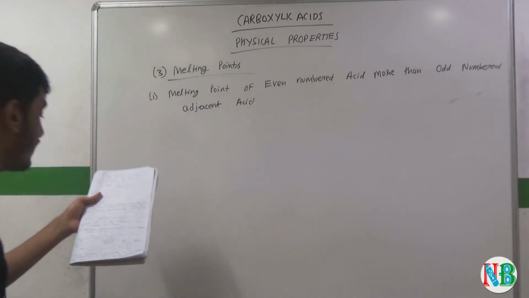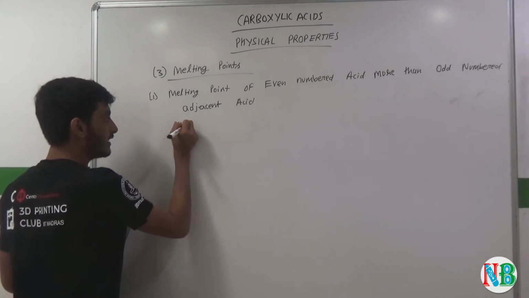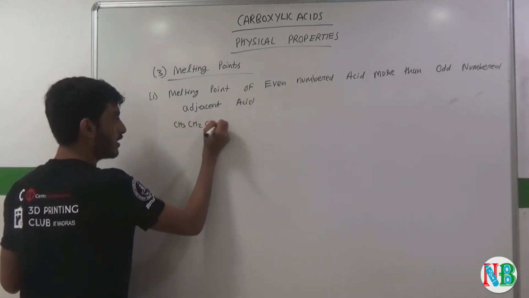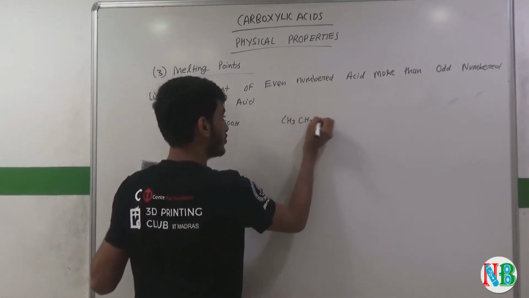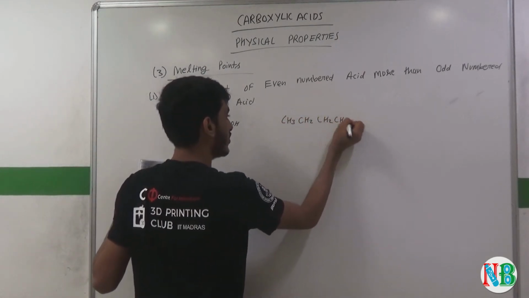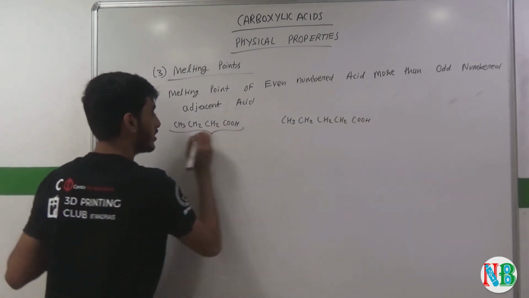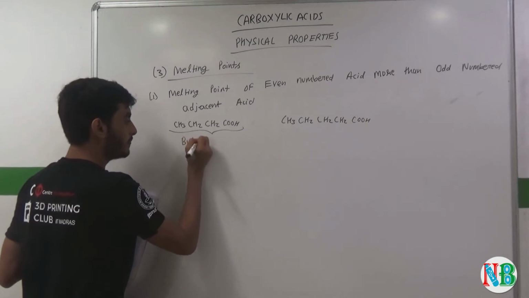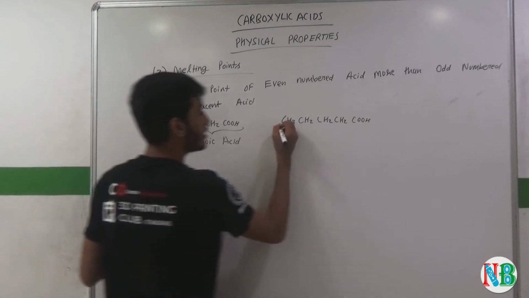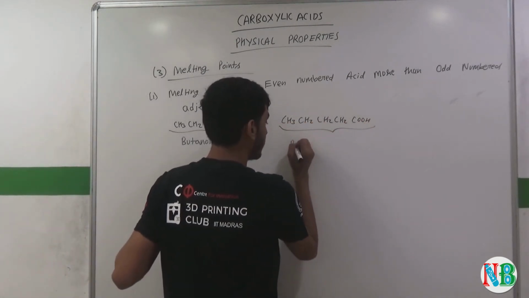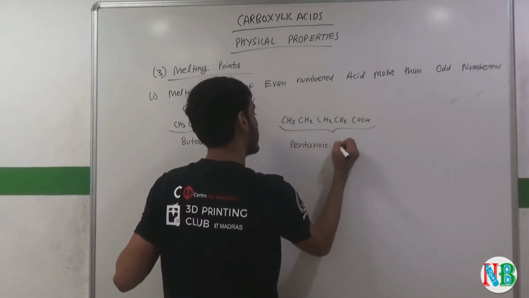Now suppose if I have to compare CH3, CH2, CH2, COOH with CH3, CH2, CH2, CH2, COOH. Now the first acid is butanoic acid, the next one is pentanoic acid.